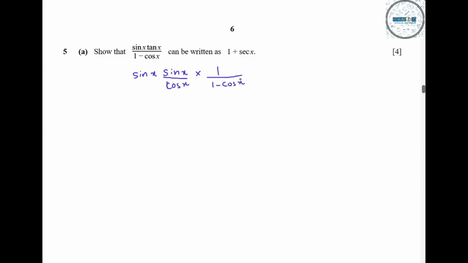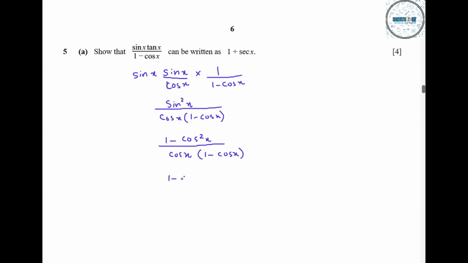We can write this separately. Now we will have here sin square x upon cos x, times 1 upon 1 minus cos x. Now sin square x can be written as 1 minus cos square x. 1 minus cos square x can be factorized using a square minus b square.